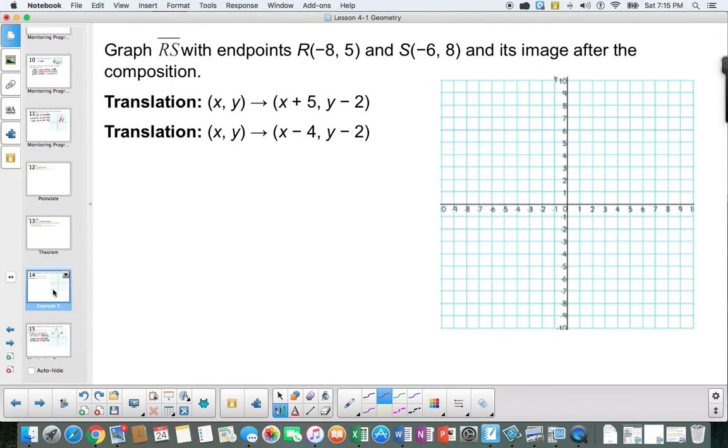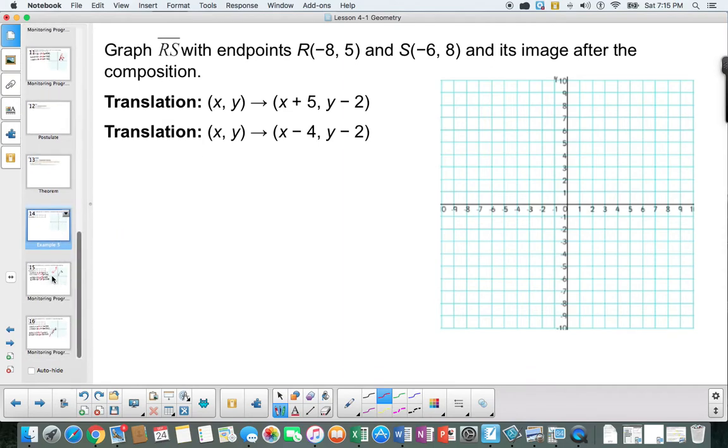Let's take a look at this situation. What we're going to do is take each point, R and S, and move it twice. So let's take a look at how I go about doing this. I'm going to take the point R, which is -8, 5, and I'm going to translate it.